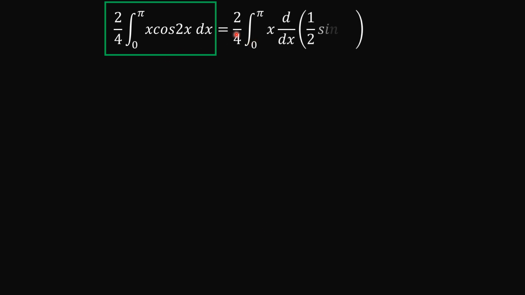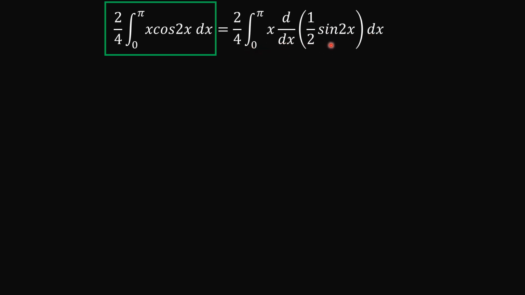For our green integral, now we would have to use integration by parts, and so 2 over 4, which is the same as a half, times the expression here, cosine 2x, which is the same as the derivative of half of sine 2x.